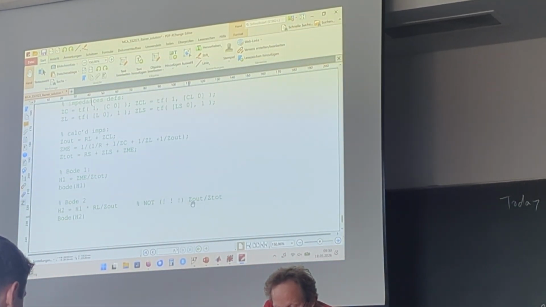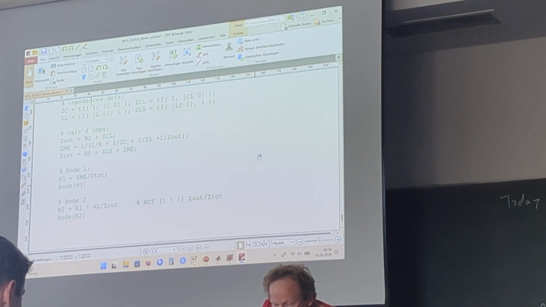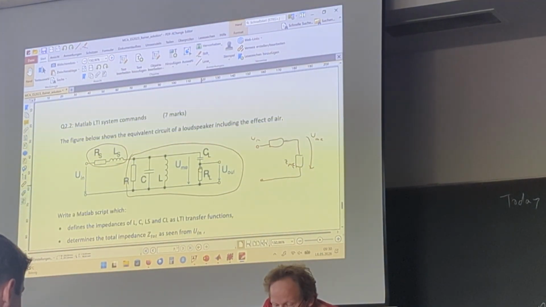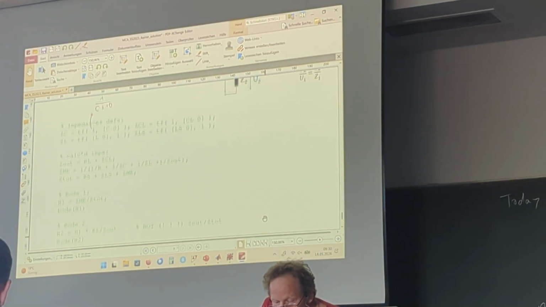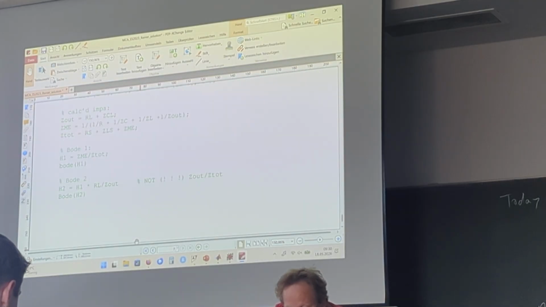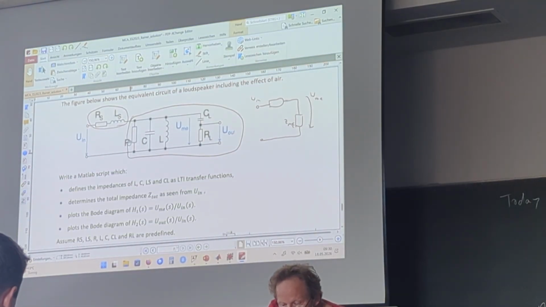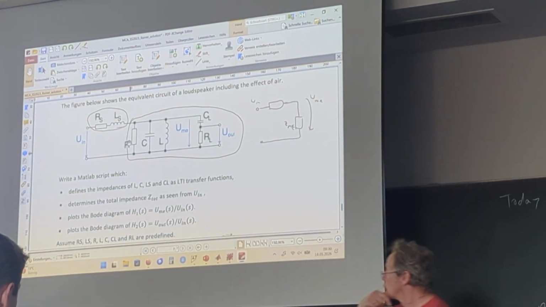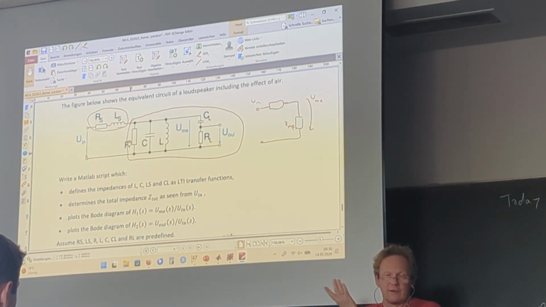Okay, careful, this is not the same as only RL divided by U in or only U out. No, you really have to do this product because it's serial. Okay, and that's already everything. So this could look similar again.